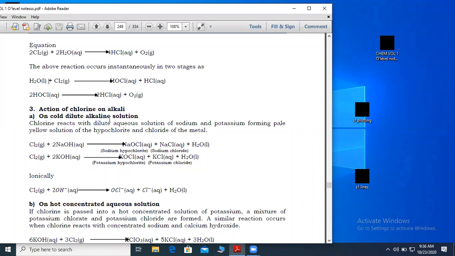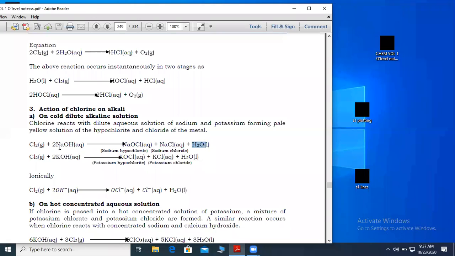So chlorine reacts with dilute aqueous solutions of sodium and potassium hydroxide, forming a pale yellow solution of the hypochlorite and chloride of the metals. Very simple. When you have chlorine and you add sodium hydroxide, it forms a hypochlorite. This is sodium hypochlorite plus sodium chloride plus water.